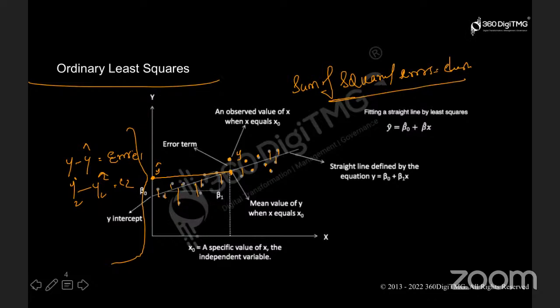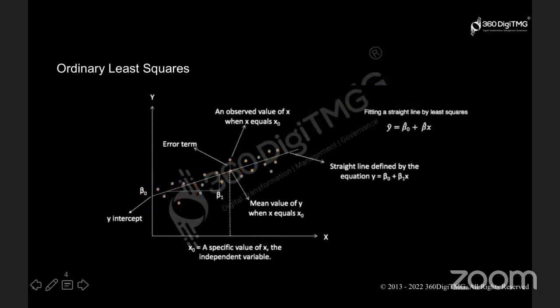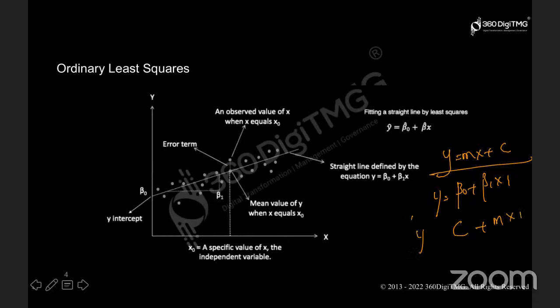Your line should give that. So why are you interested in that line? That line is nothing but, using this concept of the equation of a straight line in regression, y is equal to beta naught plus beta 1 x1, where beta naught is c, and beta 1 is the slope with respect to the input you have. That's your y hat value. So what are these beta naught and beta 1?